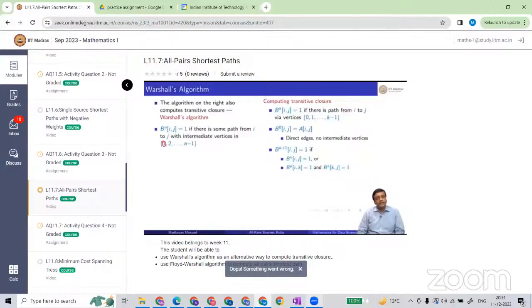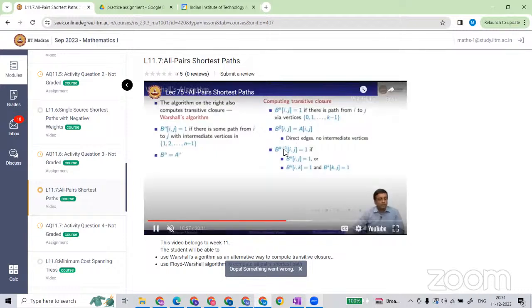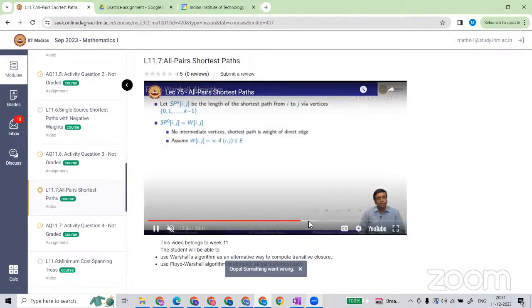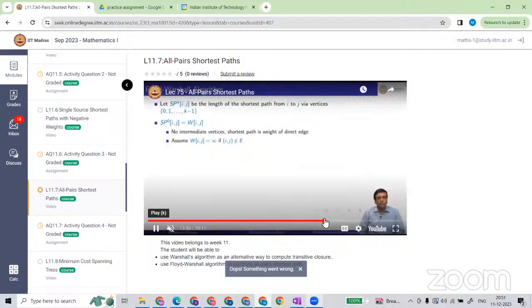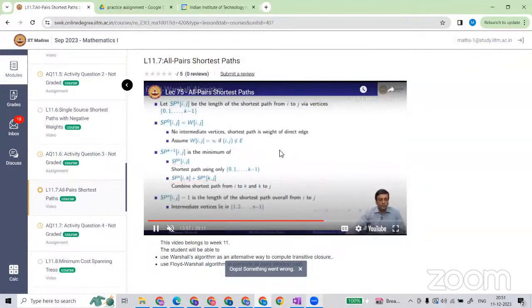These things will come. Okay. That is called Warshall's algorithm. And this all source shortest path is the Floyd Warshall algorithm. Okay.